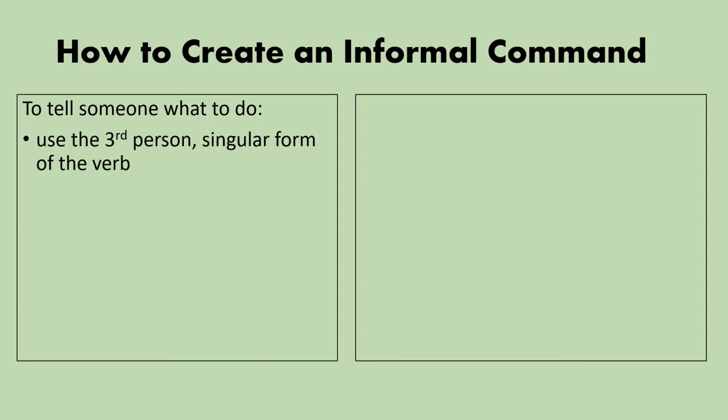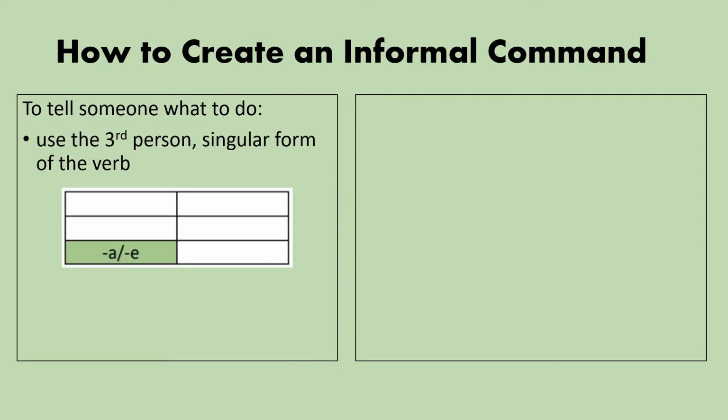The way you do this is to use the third person singular form of the verb. You've done this before. Third person singular is just the bottom left of the chart, the él and ella form. So even though you're talking to somebody, the tú form, the you form, you're still going to spell the command using the same spelling as the él and ella form.